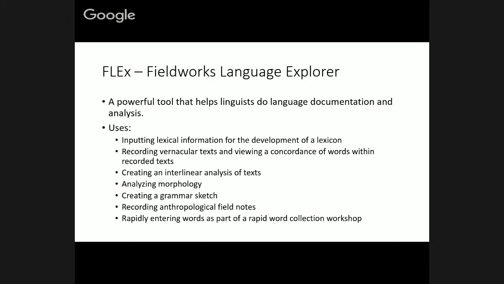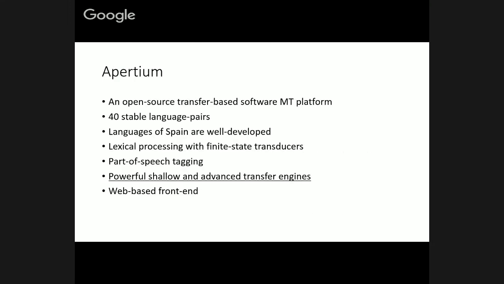I don't need to tell you much about Flex. This is just a slide about that. Let me tell you a little bit about Apertium. It's been around for, I don't know, 15 years at least. It's an open source transfer-based system, and 40 language pairs are already on it. It was developed in Spain and has a lot of power and is actually used in real situations.